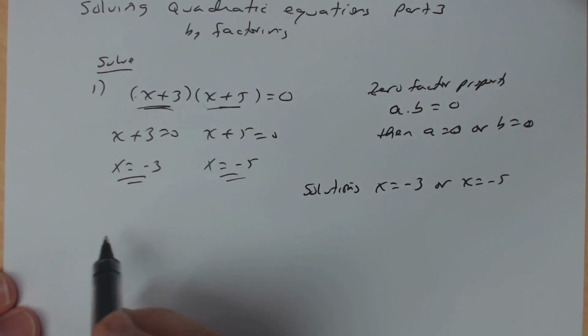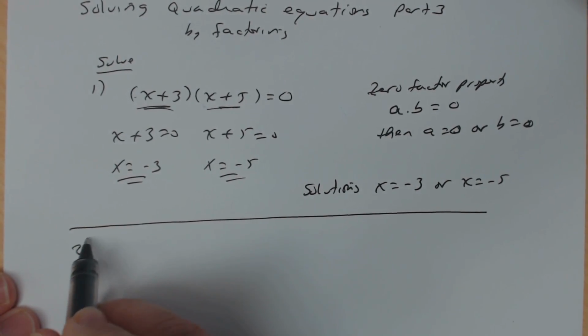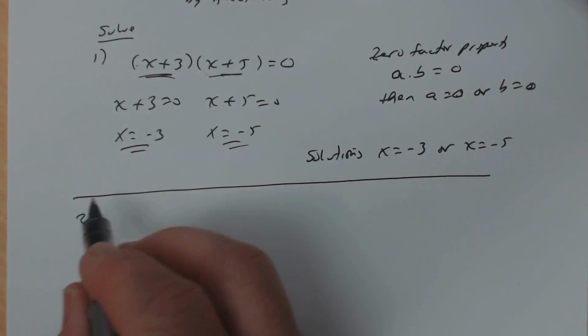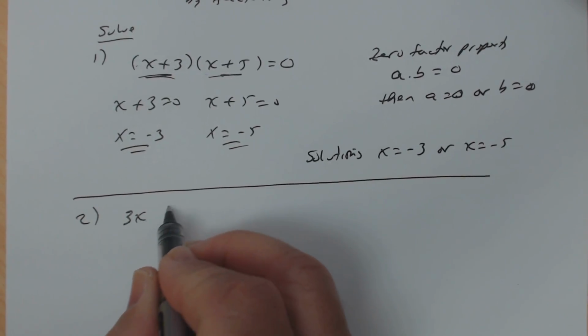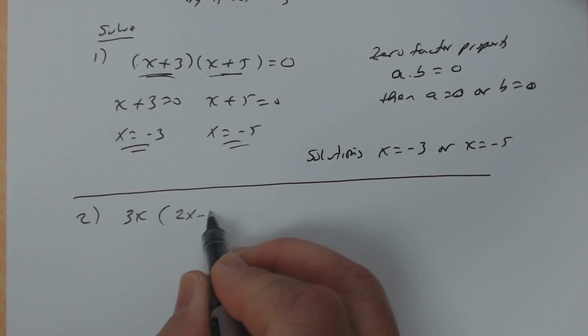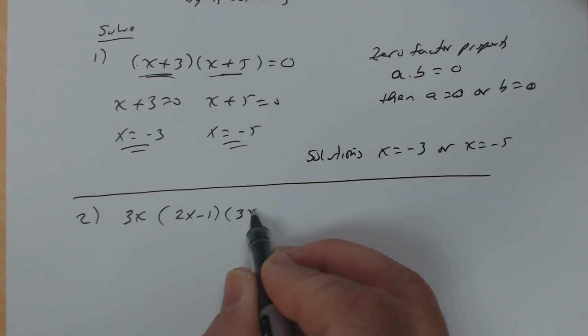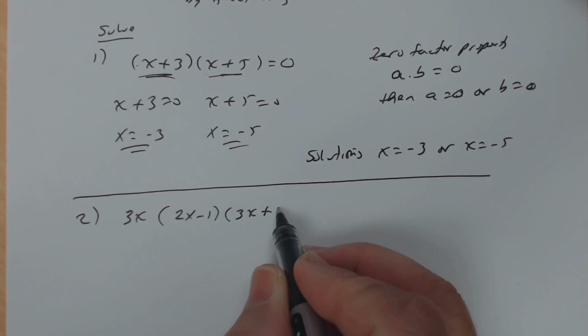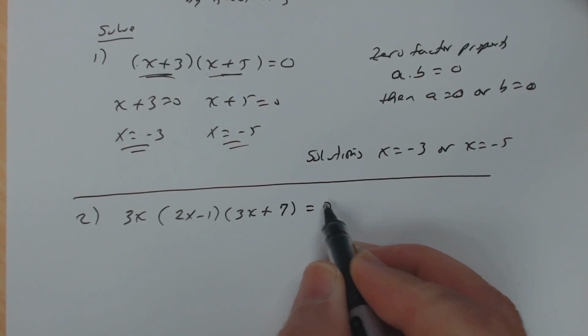Okay? All right, now, number 2, what if you had 3x times 2x minus 1 times 3x plus, let's say, 7 equals 0.